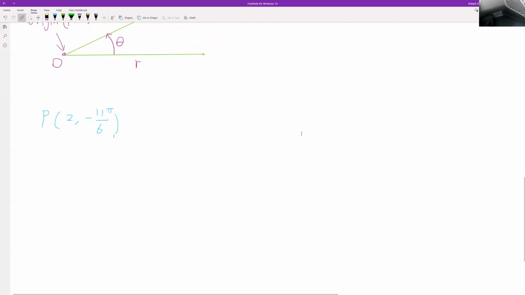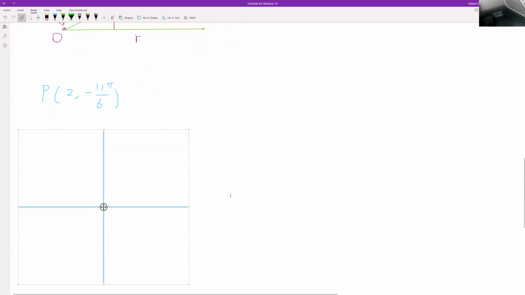Okay, so let's see. If we want to do that, it's very simple. They tell us what the initial ray is going to be. Initial ray will have the radius of 2, so it's going to be this long. And then we have to rotate this pink ray by negative 11 pi over 6. Negative 11 pi over 6 is negative 330.